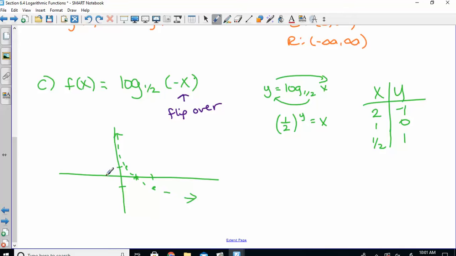So if I went through and made these x's negative, it flips it over the y. If the negative were out in front of the log like this, that would be making your y's negative, so that would flip it over the x. So if it's out in front, it flips over the x. If it's attached to the x, it flips over the y. So you just reflect each of those points.